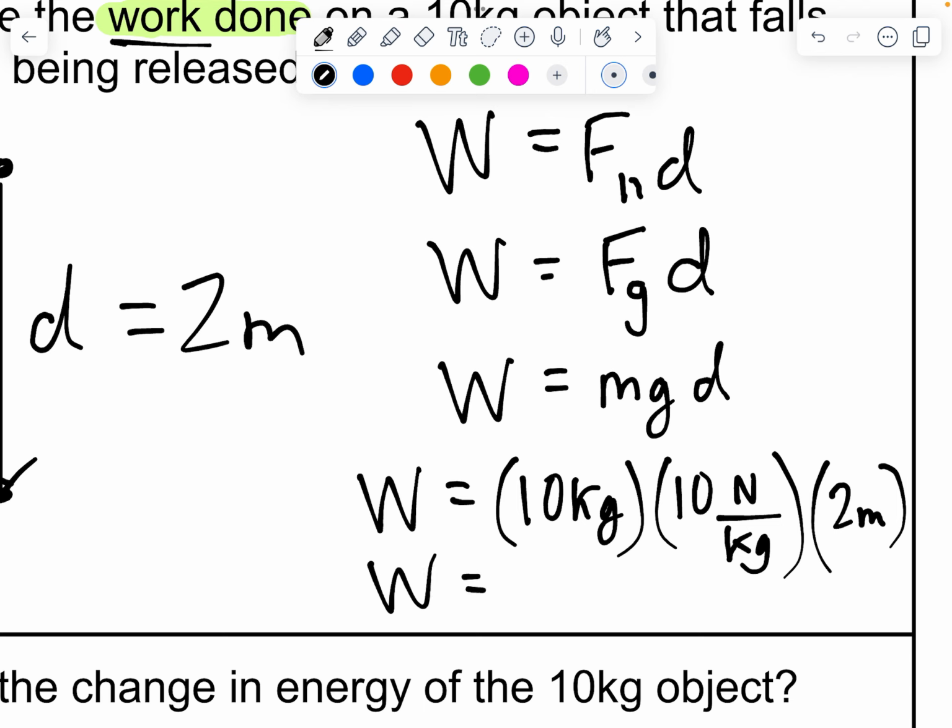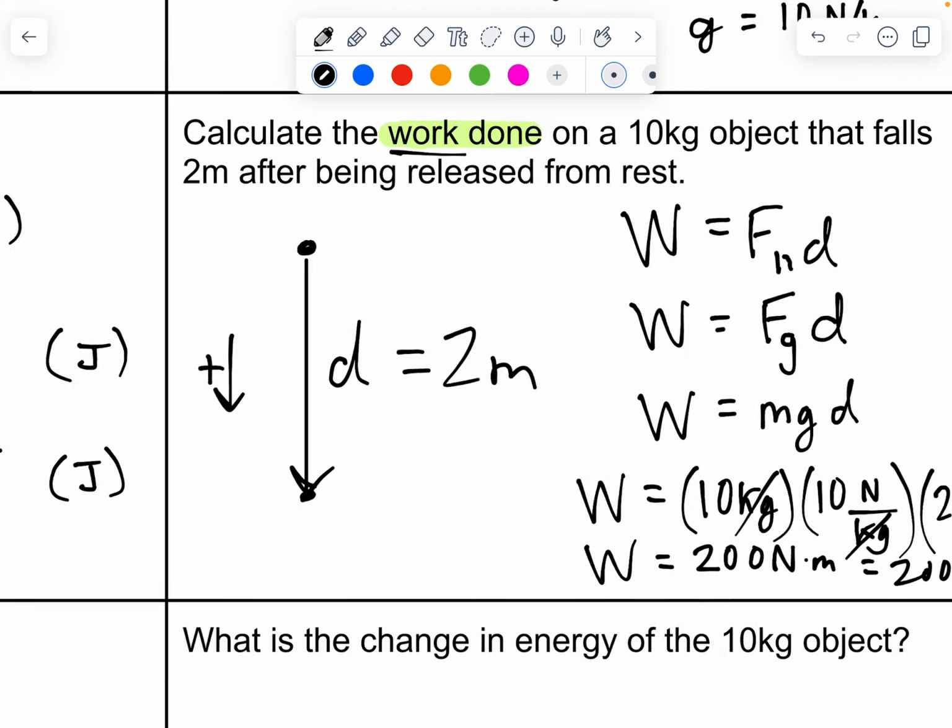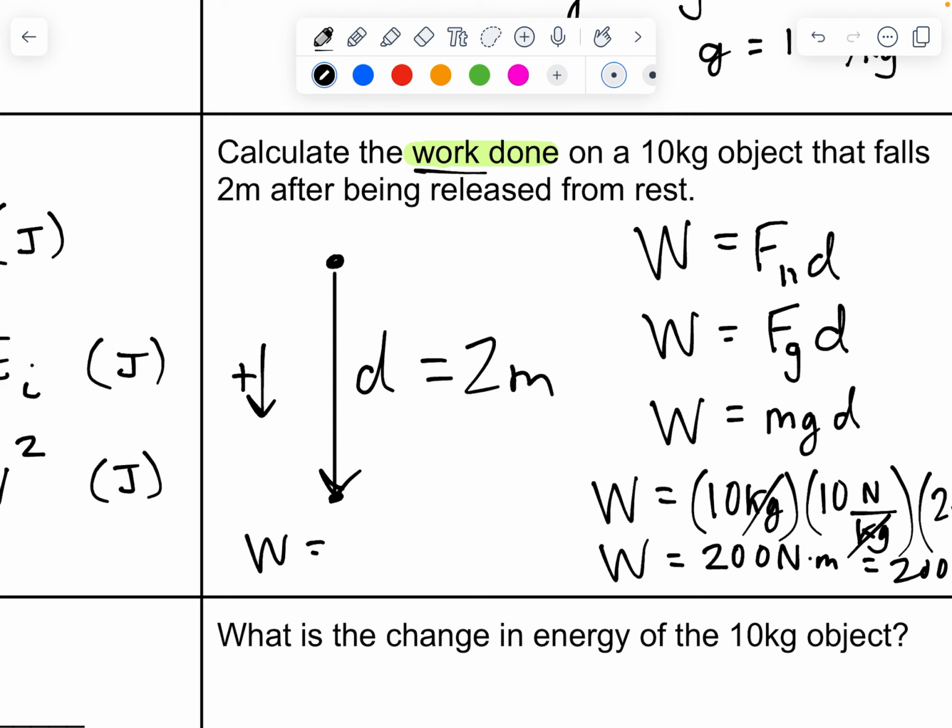All right, and if you follow the units, we get newton meters, and 1 newton meter is equal to 1 joule. So 100 times 2 is 200 newton meters, and that's the same thing as 200 joules. So that's our answer right there. Work equals 200 joules.